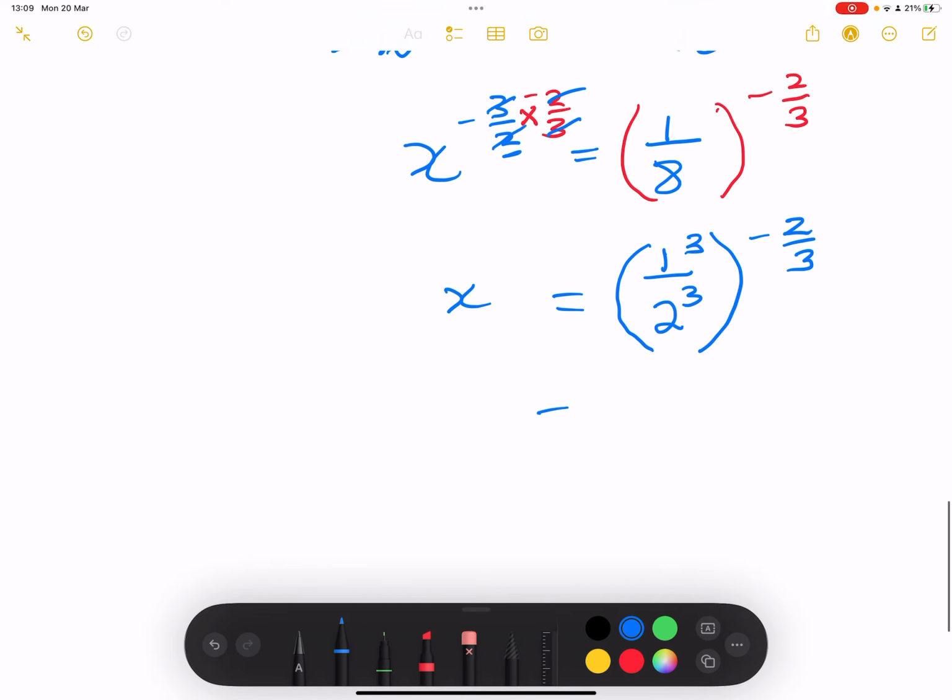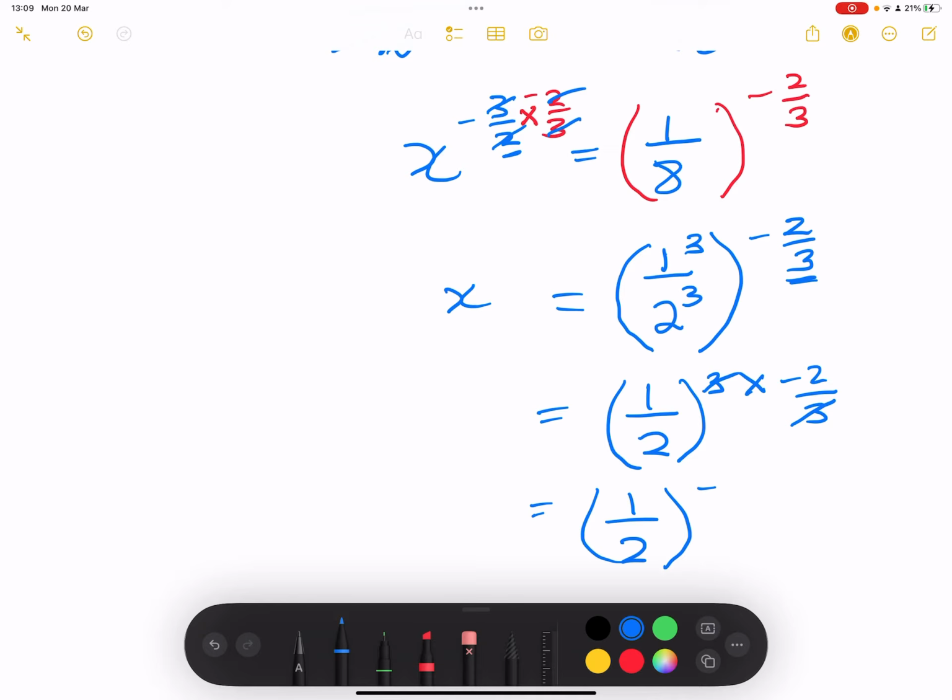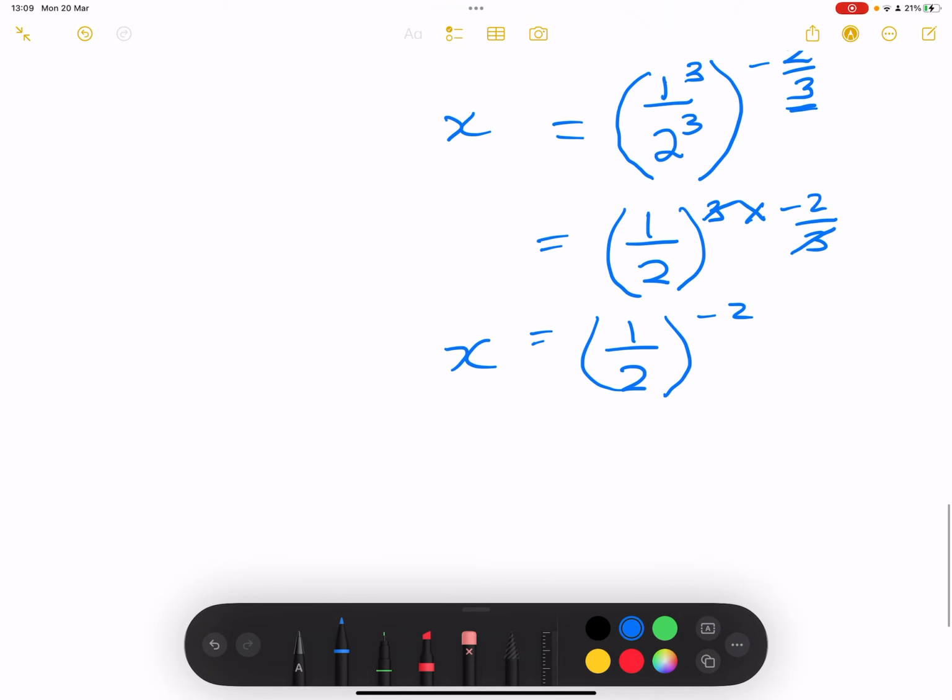So therefore, this becomes 1 over 2 to the exponent 3 multiplied by negative 2 over 3. So that and that cancel out. So we've got 1 over 2, or rather raised to the exponent negative 2.